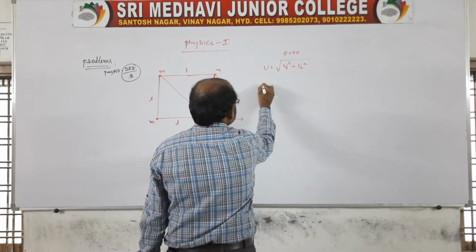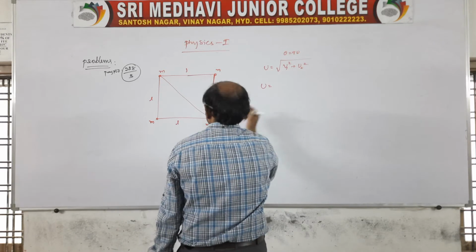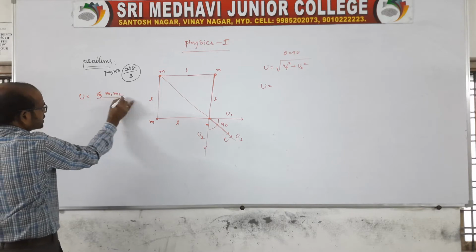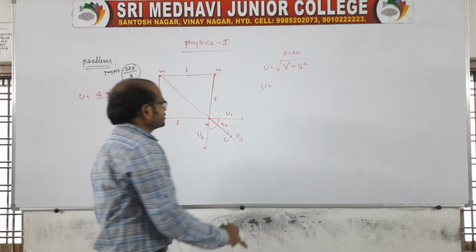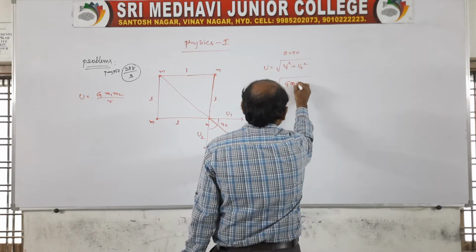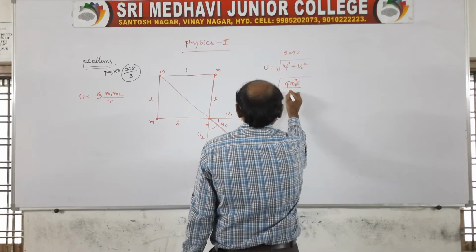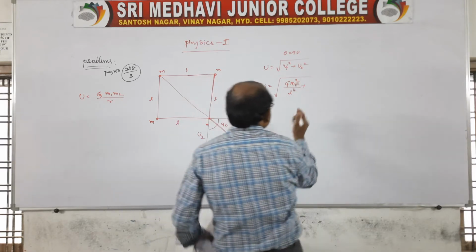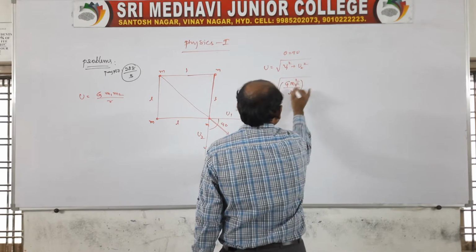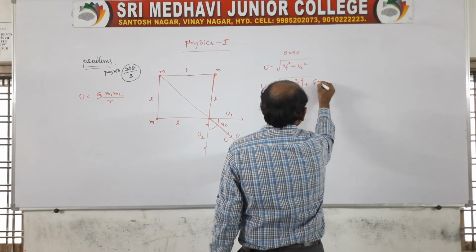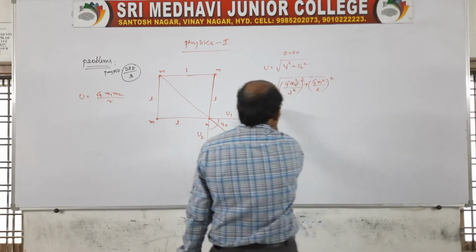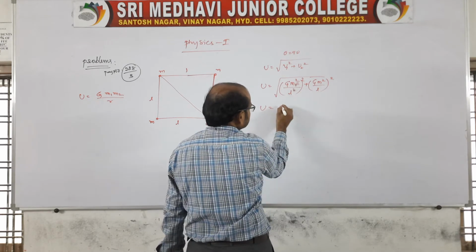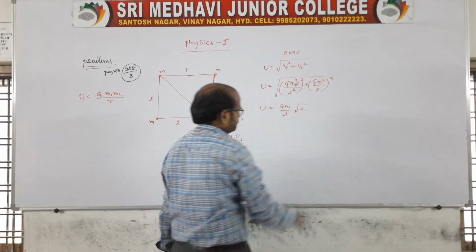Now apply U equals G M1 M2 by R, where R is the distance. So take root over G M squared by L, the whole square, plus G M squared by L, the whole square. From this, GM by L is common, therefore it becomes GM by L into root 2.